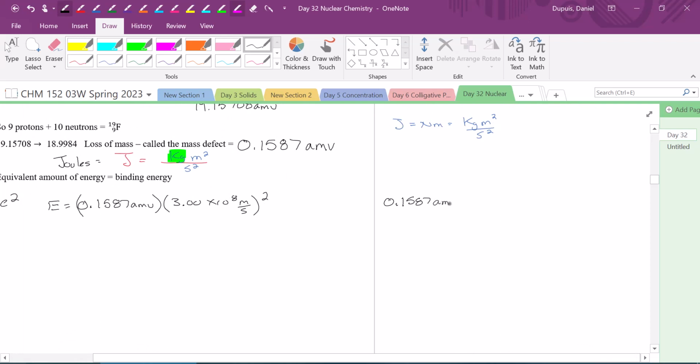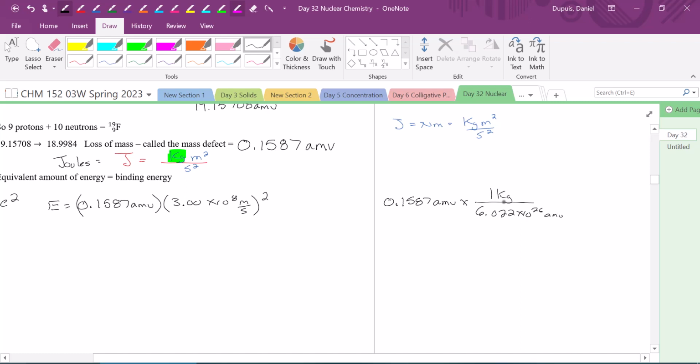0.1587 AMU times, well, AMUs have to go on the bottom. So if you look, 6.022 times 10 to the 26th AMU is 1 kilogram.